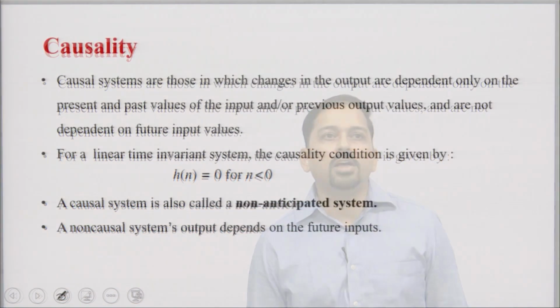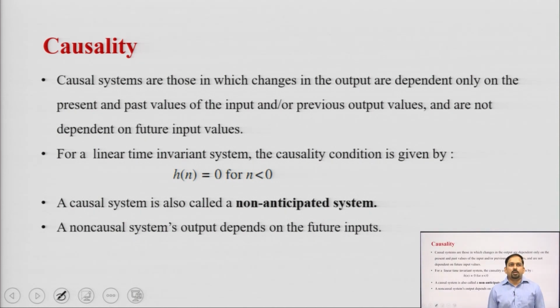To check causality, when a system is LTI, the impulse response h[n] is 0 for all n less than 0, meaning for all negative values of n the impulse response value is 0. That signifies that the system is causal.